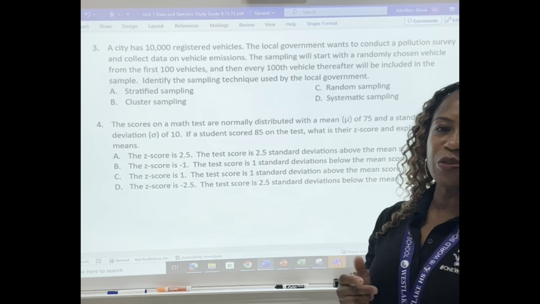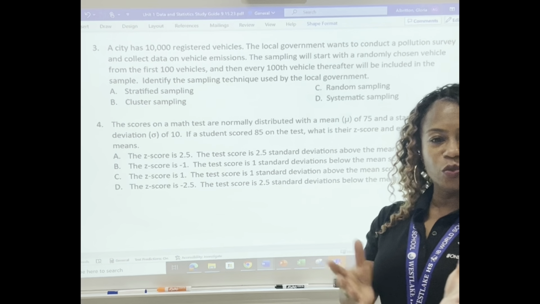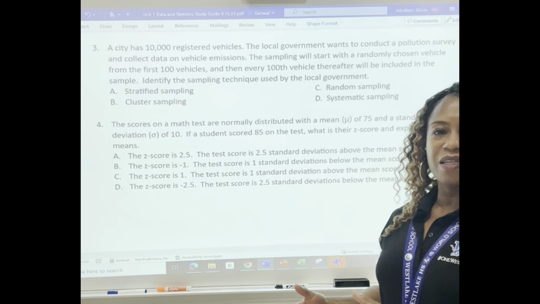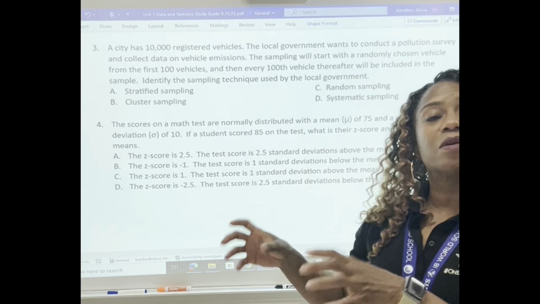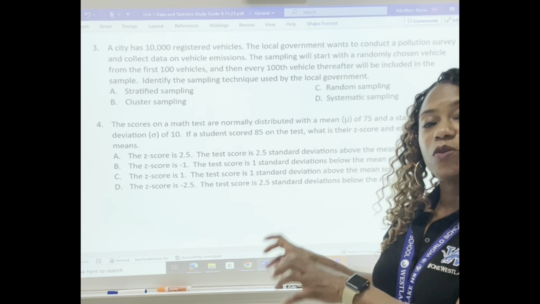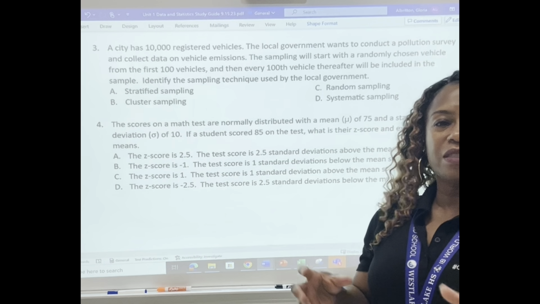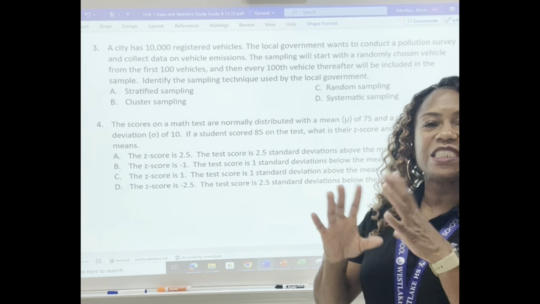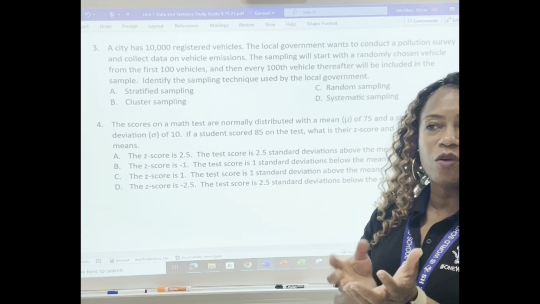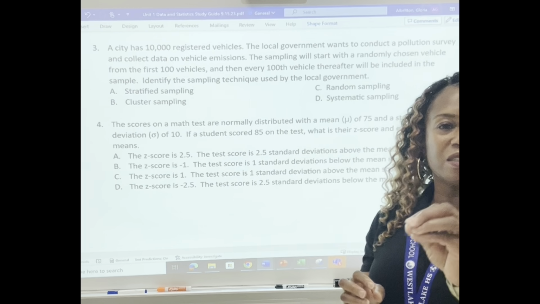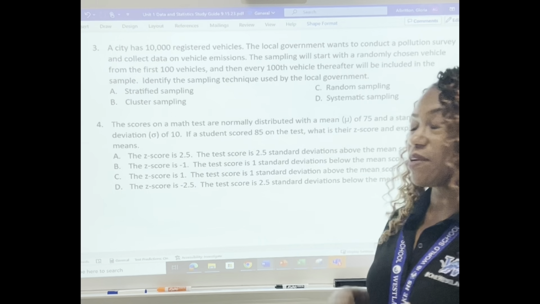And remember with those two, those are the two where we actually group different sections. But then for the stratified, we take just a few random samples out of every group. With cluster, they're also grouped, but then we take an entire one of the groups, everybody in that particular group, or more groups. But we don't just take a sample out of every one like we do with stratified.